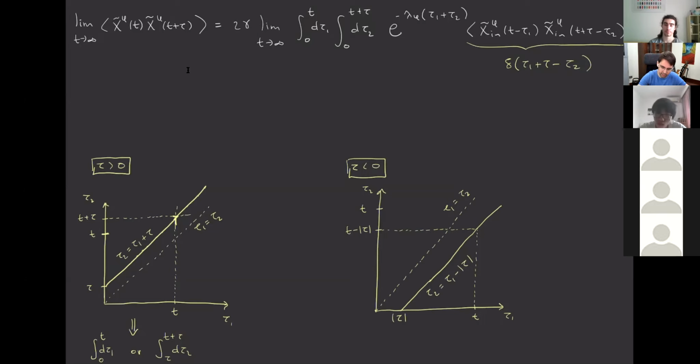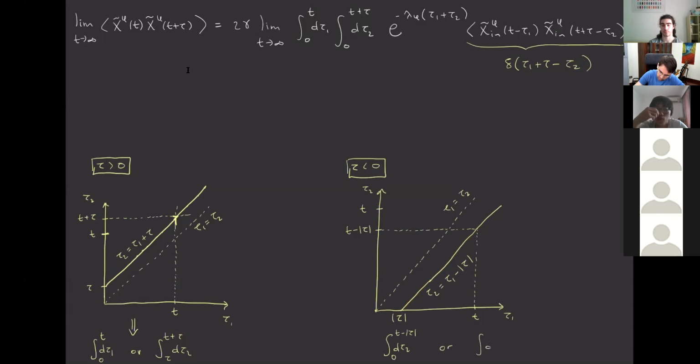And now you see that, just as we wanted, if you ask what is the integration domain along the line defined by the delta function in the tau2 axis, that's from 0 to t minus absolute value of tau. So then you have to do the integration in tau2 from 0 to t minus absolute value of tau, okay?